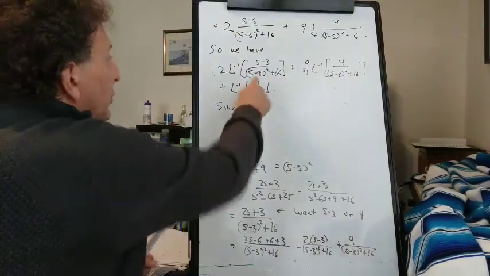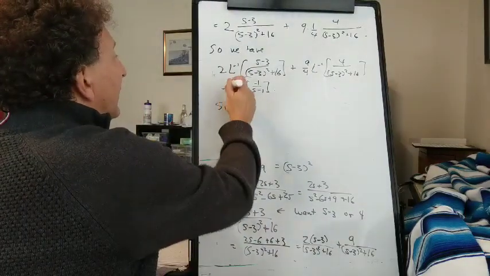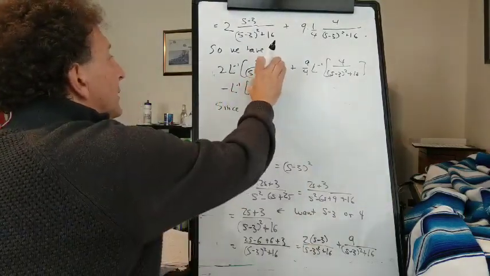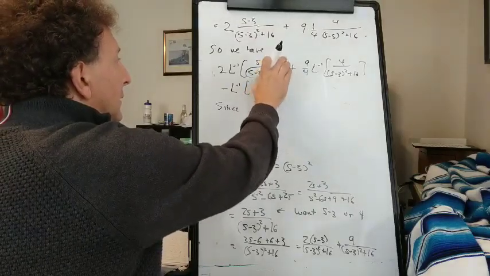And actually, why don't I pull this minus 1 out and say minus L inverse of 1 over s minus 1, because then that fraction's sort of ready to go.